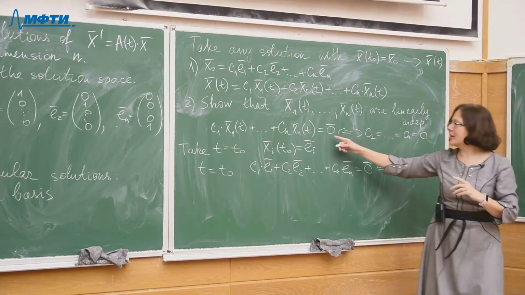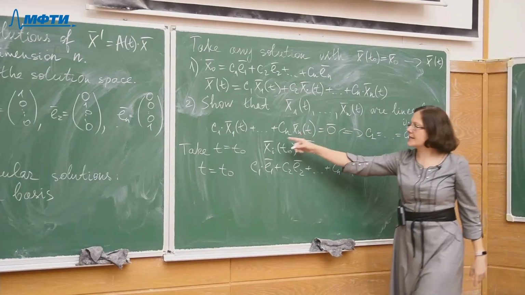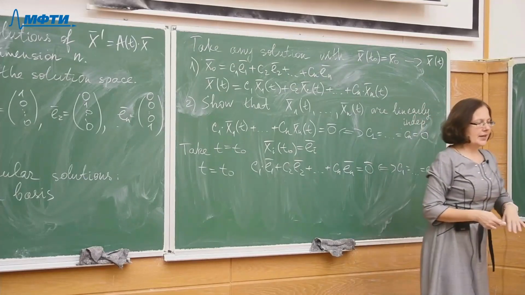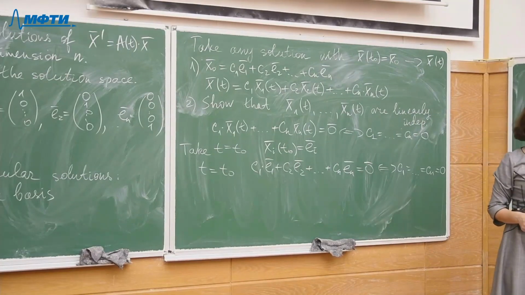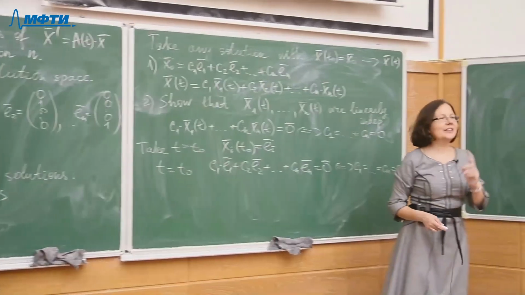This equation, the vectors depending on t are linearly independent. It's better to say what it means that they are linearly dependent.